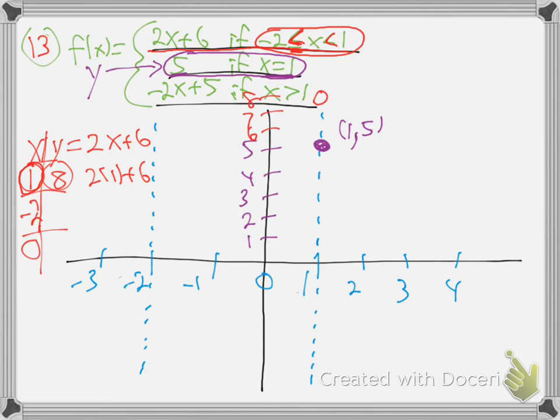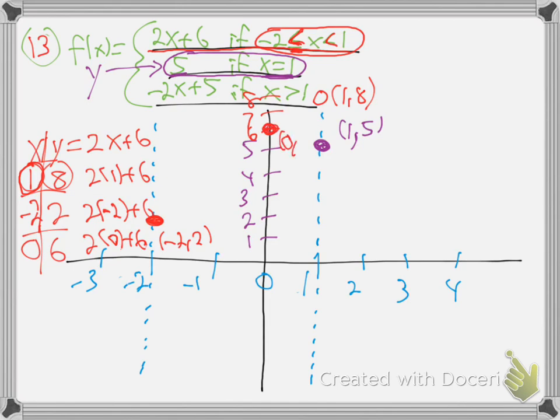So right there, over 1 up 8, open dot. Plug in -2. What's that, 2? -2, 2. Solid dot right there. 0, 6. And 0, 6. Solid dot right there.